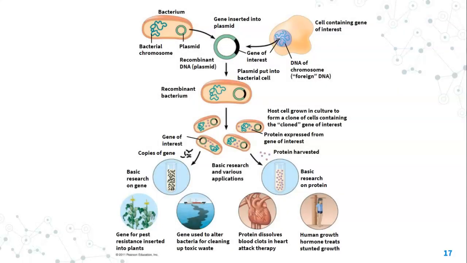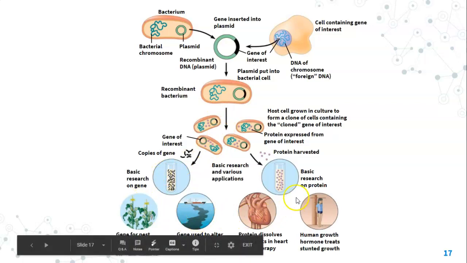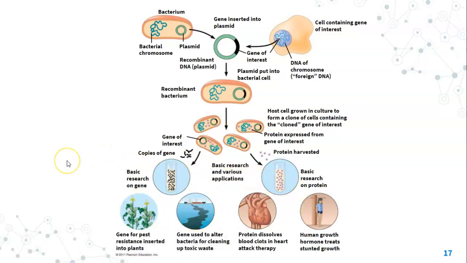This last image is just an overview of everything that we talked about, right? We've got our bacteria, we've got our DNA of interest, we put the gene of interest into the plasmid, put it back into the bacteria, let that replicate a bunch of times, and then down here are various applications, how we're using this research.